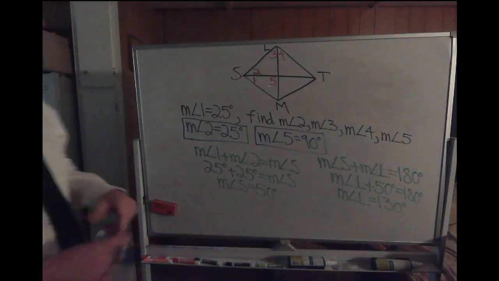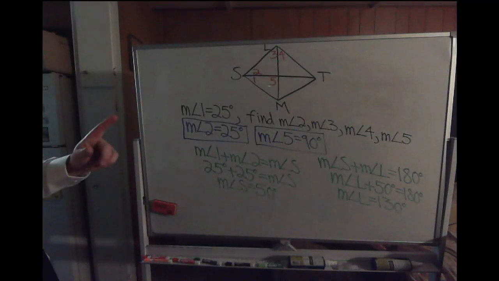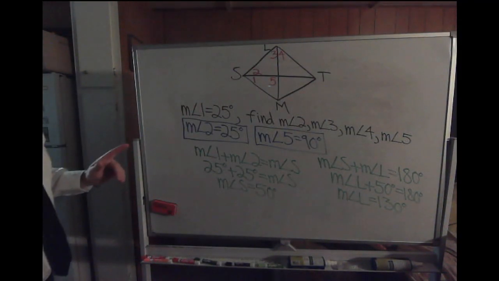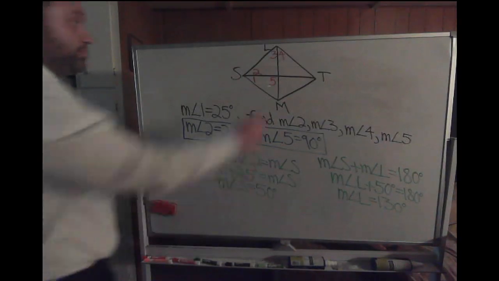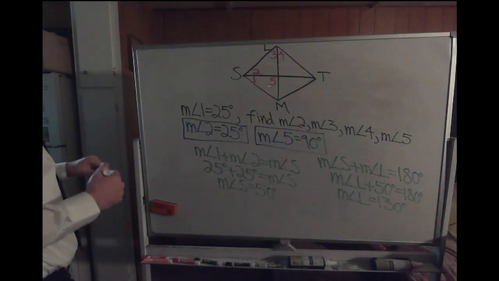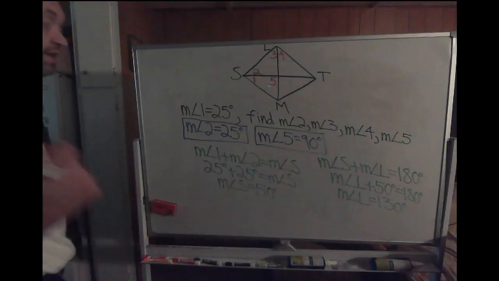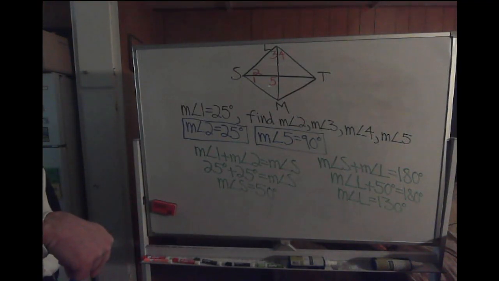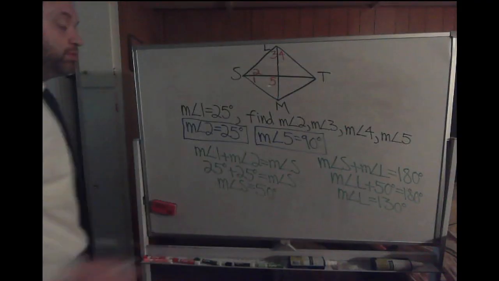This comes back to the theorem about the diagonals of a rhombus bisect the angles of a rhombus, right? So 3 and 4, if you add 3 and 4 together, you get the measure of angle L. Well, for an angle to be bisected, that means it's split into two congruent parts.